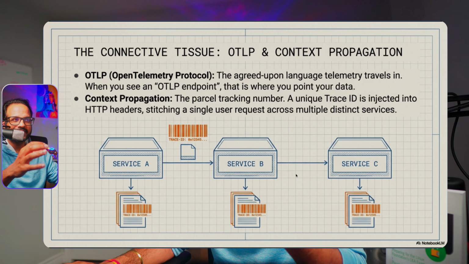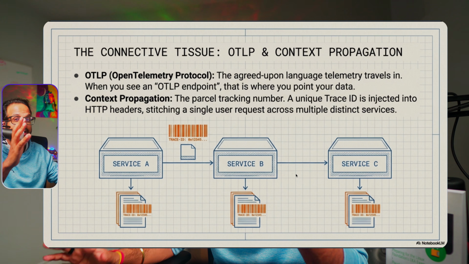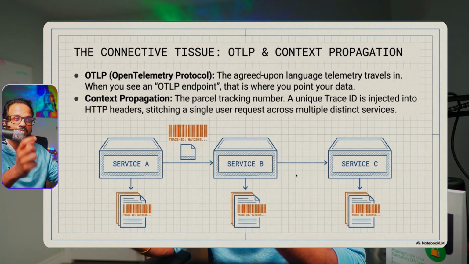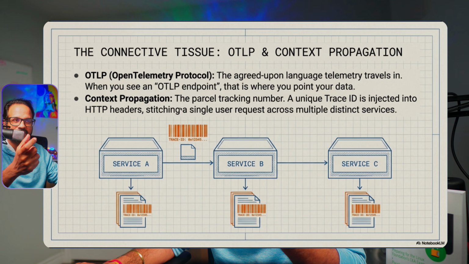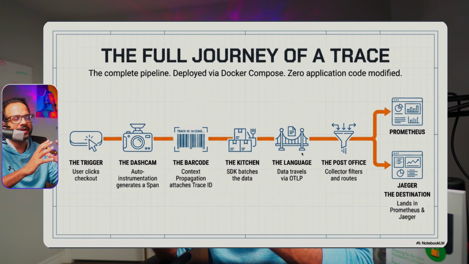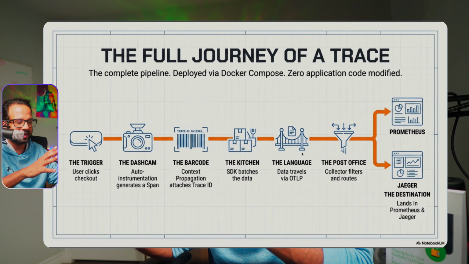So a unique trace ID is attached so that we can check the end-to-end flow of a particular request using the trace ID, and that is what we call context propagation.